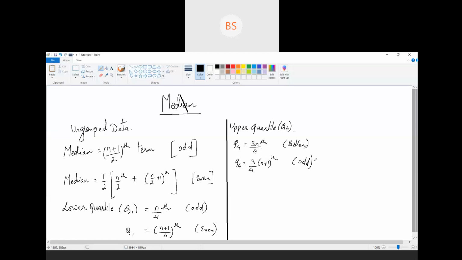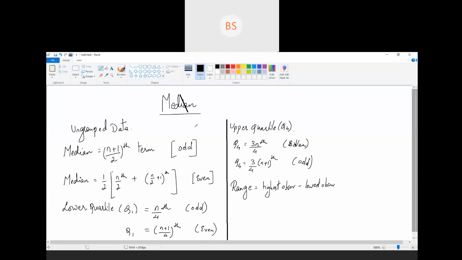Range means the difference between the highest observation and the lowest observation. So range is given by highest observation minus lowest observation.